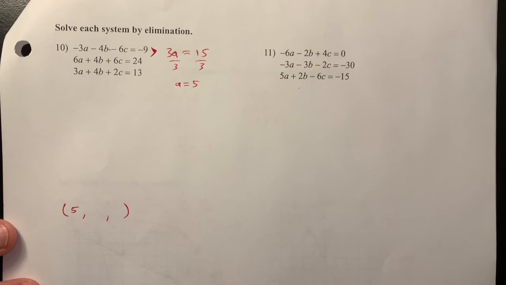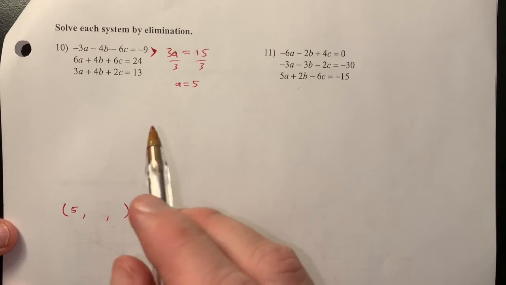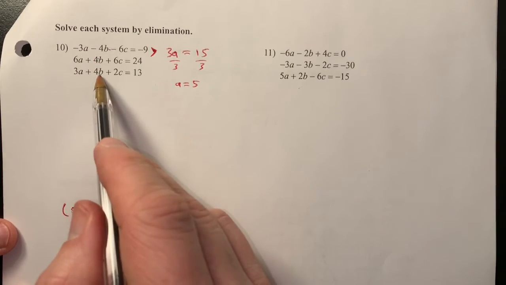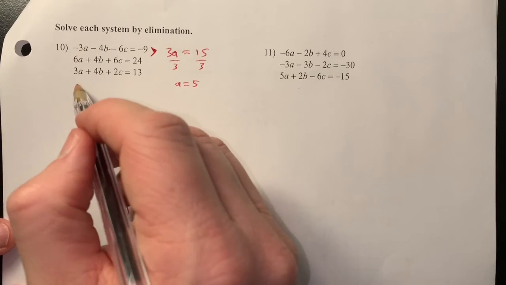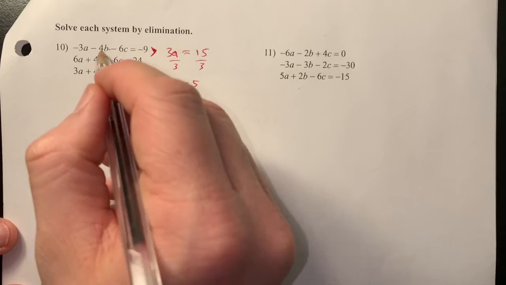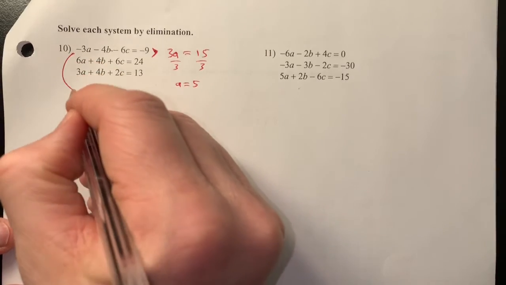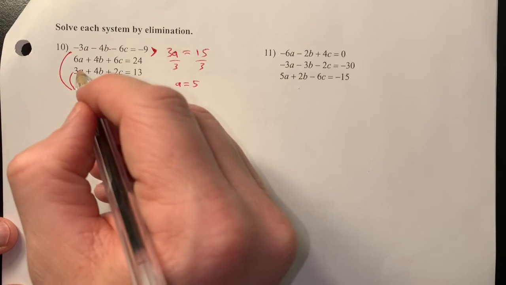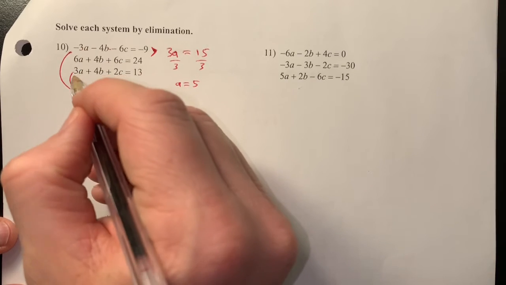Okay, so I could combine these bottom 2 equations next, or the top 2. Actually, let's do the top 2 because the b's are already set up to eliminate. So I'm going to combine those top 2 equations together, and the a's actually eliminate.